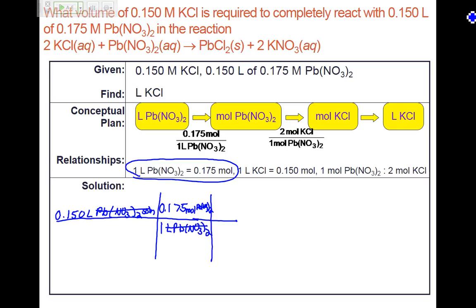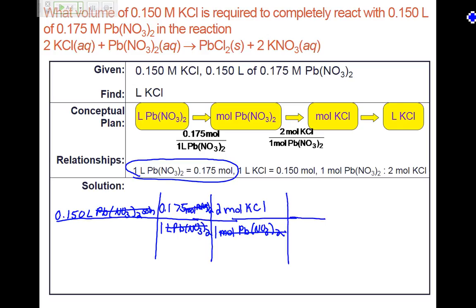And then I know based on my equation that I need 1 mole of Pb(NO3)2 reacts with 2 moles of KCl to form our product. So I need to do this step to figure out how many moles of KCl I need.